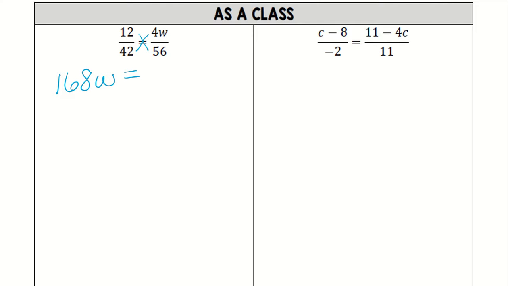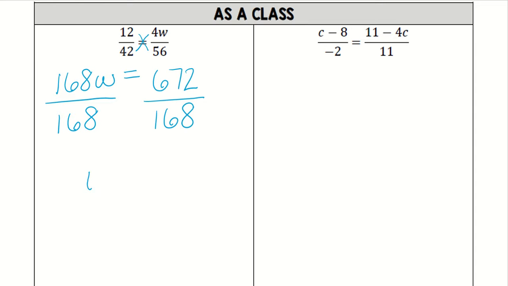And 12 times 56 is 672. And to get w by itself, hopefully someone said it, we divide by 168 on both sides. And to save you all the stress and anguish of dividing those out, I'm just going to tell you that w equals 4.